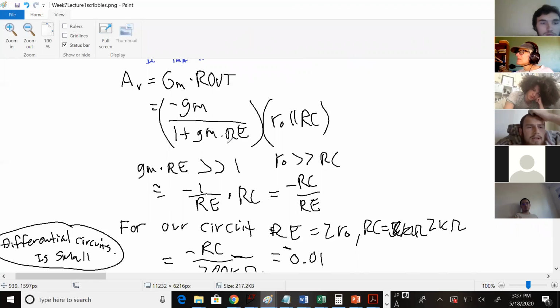Could you ask that again? Okay, so you have minus Gm over 1 plus Gm RE. And if Gm RE is much bigger than 1, what's the denominator turn into, approximately? Just Gm times RE. So now you have minus Gm over Gm RE. Gms can cancel out, and you get minus 1 over RE.